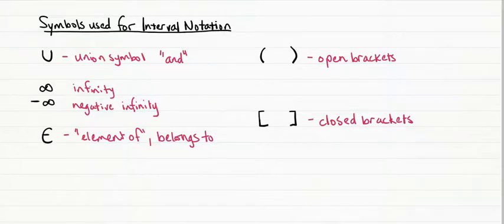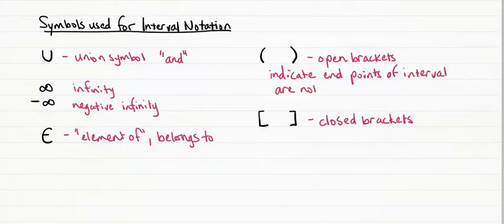So you'll see some examples of how that works, but open brackets indicate that endpoints are not included. So the endpoints of the interval are not included in your interval. And closed brackets indicate that endpoints of the interval are included.